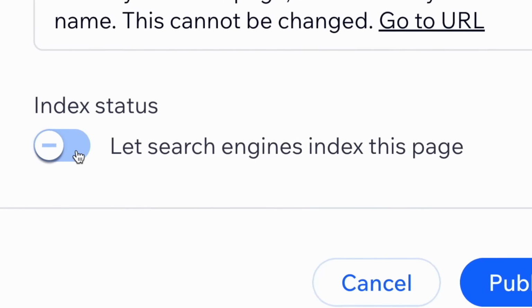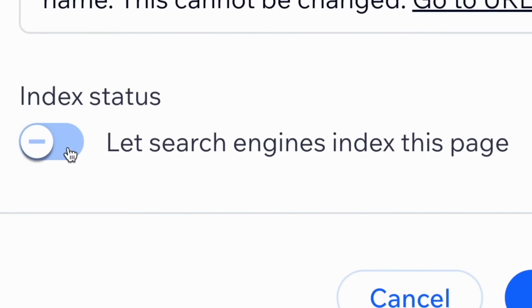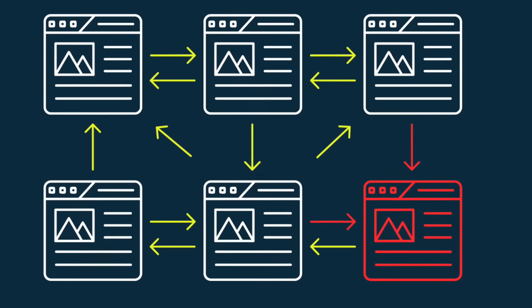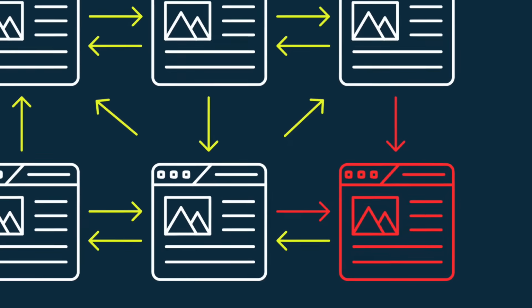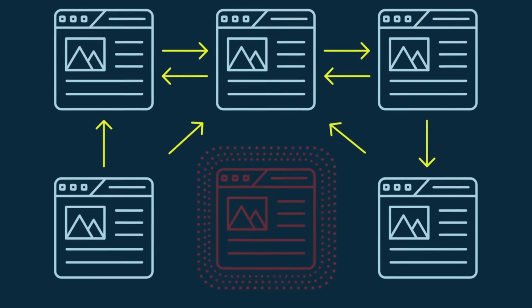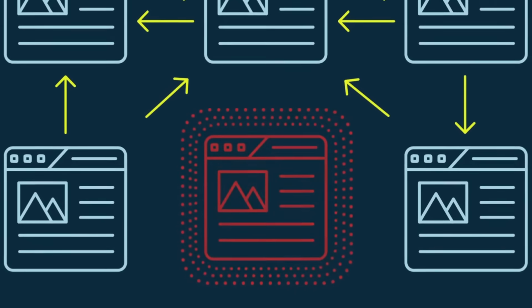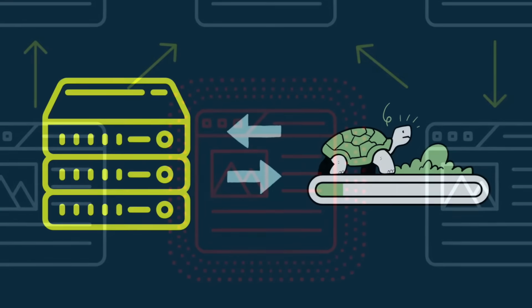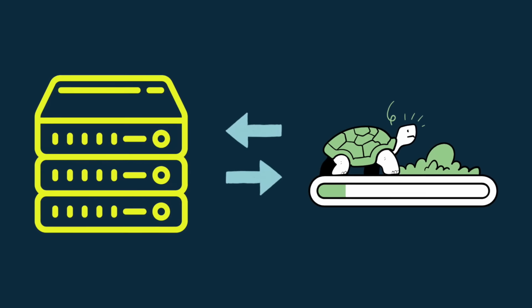This asks search engines not to include them in results. Broken internal links, i.e. links that point to URLs that no longer exist. Orphaned pages, pages that don't have any internal links pointing to them. And slow server response times.